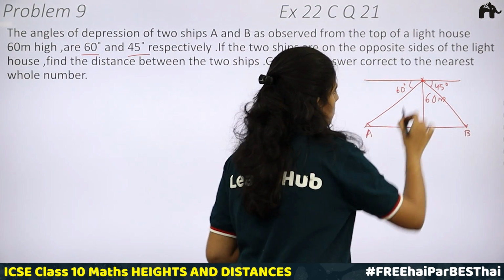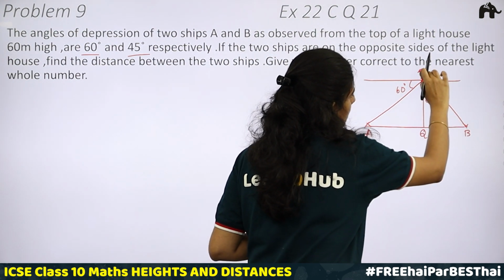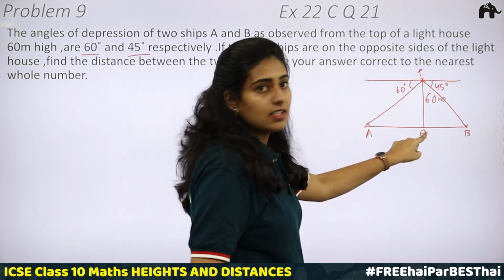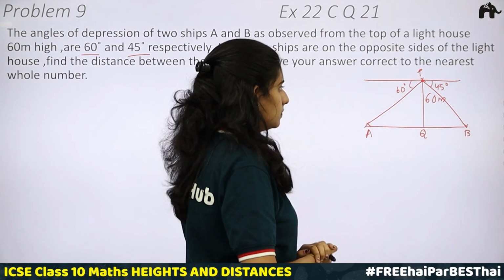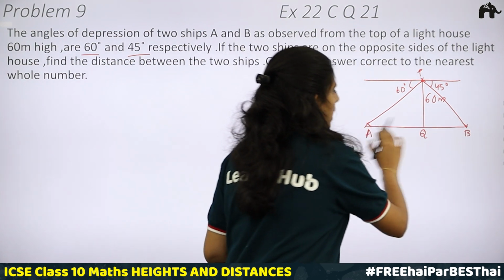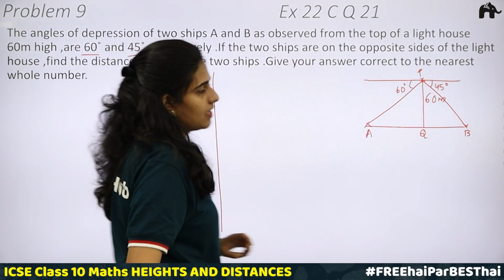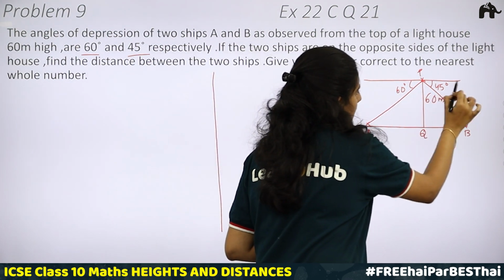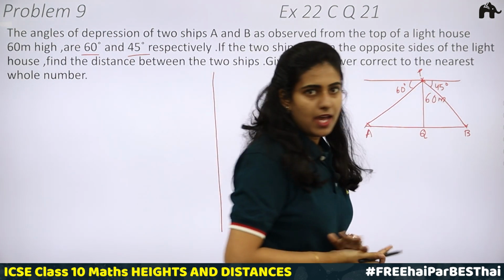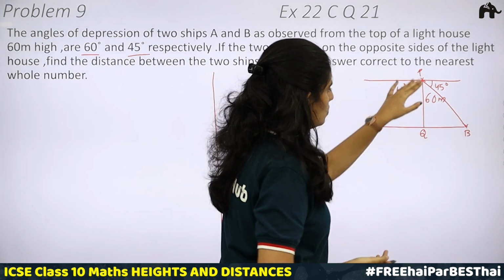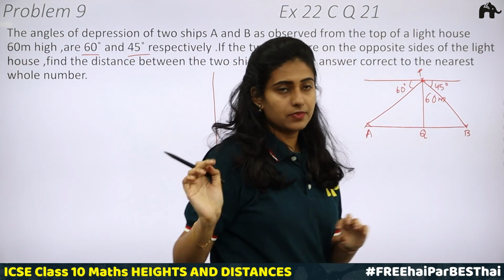Now let us mark some points P and Q. P is the top of the lighthouse and the bottom of the lighthouse we are taking as Q. How to find AB? We know that this line which passes through point P and AB will be parallel, because this is a horizontal line which is parallel to the ground.